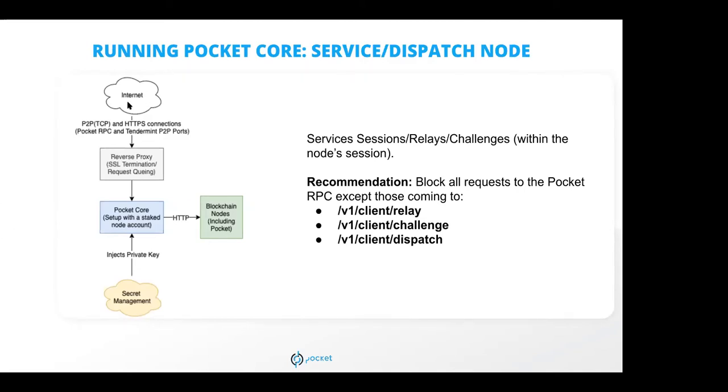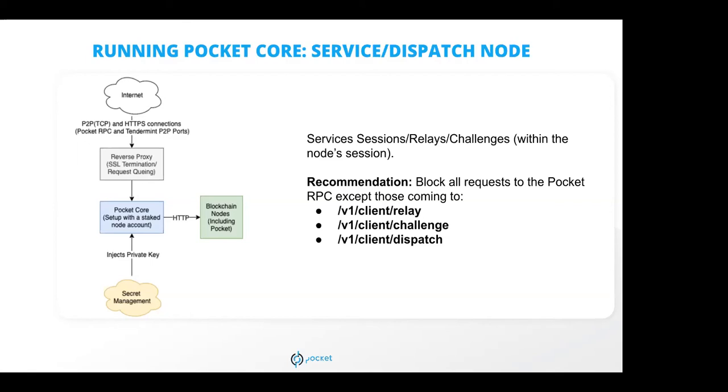Our recommended setup starts from the internet and having a reverse proxy that handles the connections. It's up to you to have the peer-to-peer port pass through the reverse proxy. Some people prefer to do it naked because the peer-to-peer already uses private key authentication using signed messages, and that's something that Tendermint had since the beginning, and could be considered secure that way.